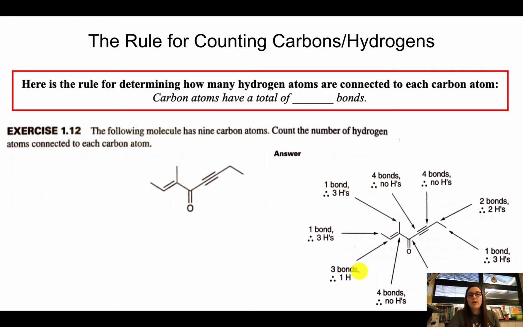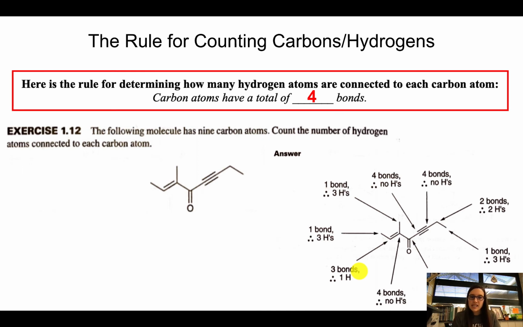So here's the rule for counting carbons and hydrogens, and the rule for counting how many hydrogen atoms are connected to each carbon atom. Carbon atoms have a total of 4 bonds. Carbon can have 4 orbitals, so carbon atoms will have a total of 4 bonds. If we take a look at this example, exercise 12, the following molecule has 9 carbon atoms.